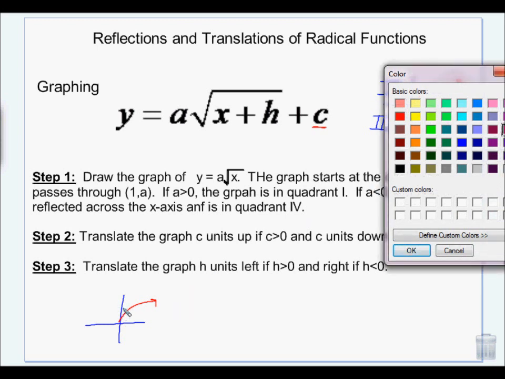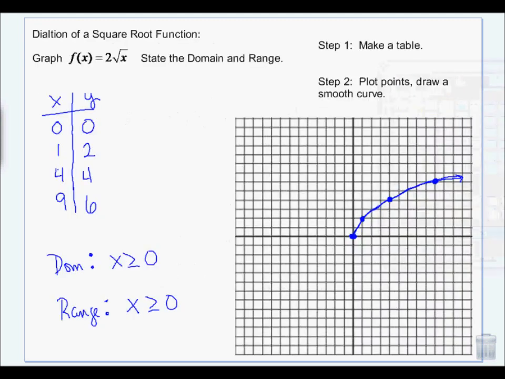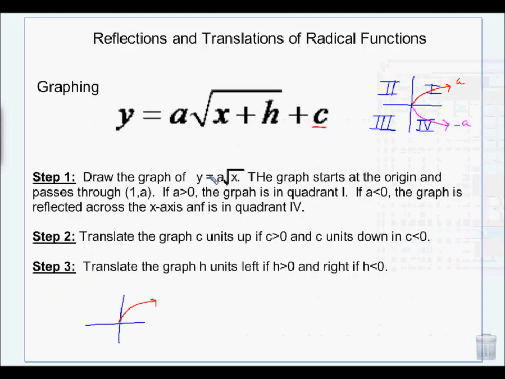So, I forgot to say okay. Oops. So this would be plus c, and down here would be minus c. Right, it just moves the same curve up or down.